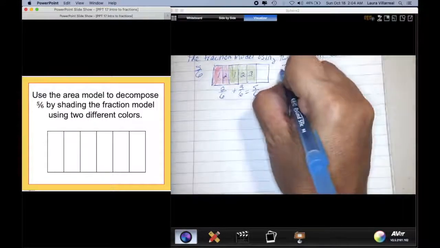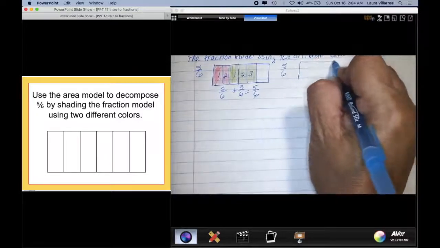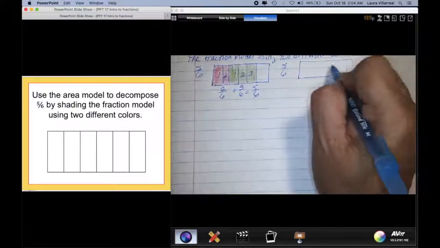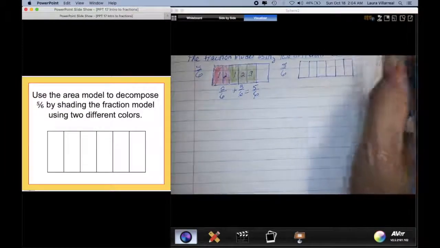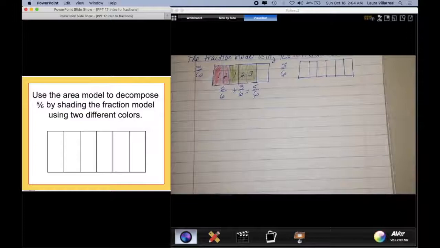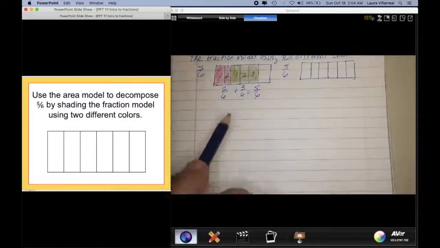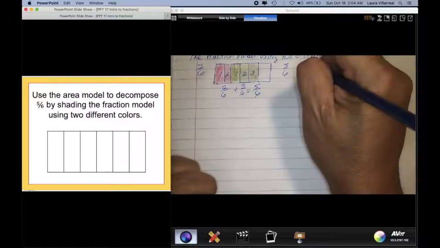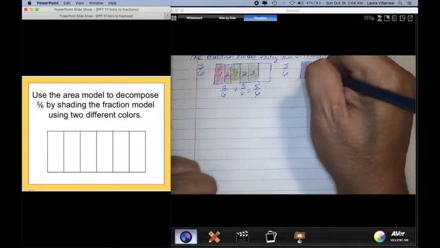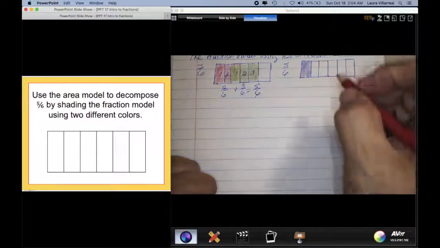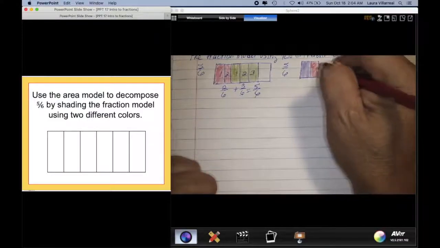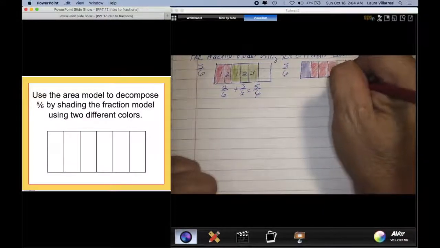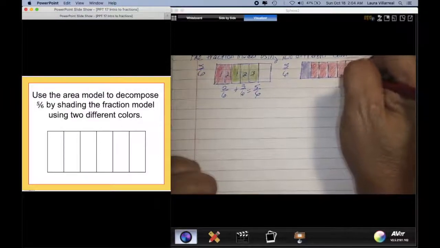Is there another way? I think there's one more, right? Let's try one more. Again, excuse my drawings. Let's go ahead and color one of them, and then four of them. There we go.